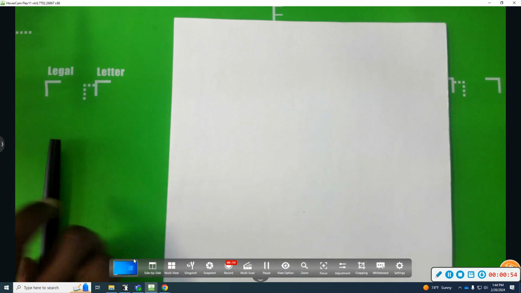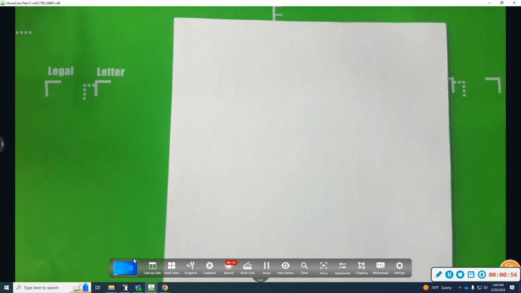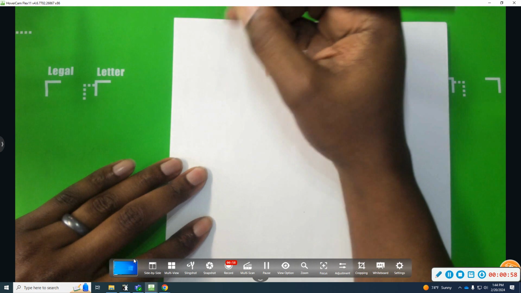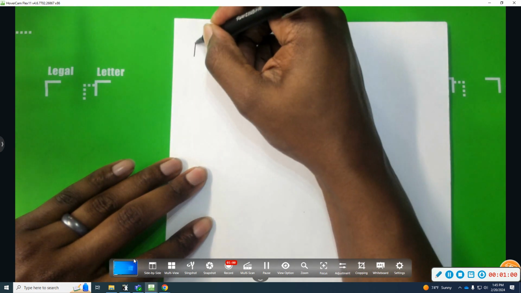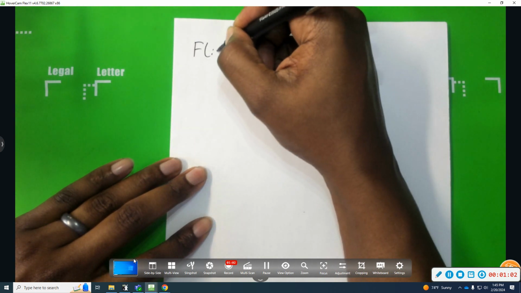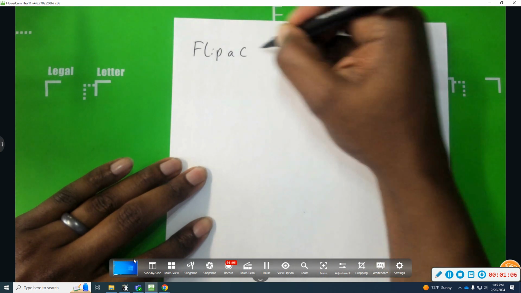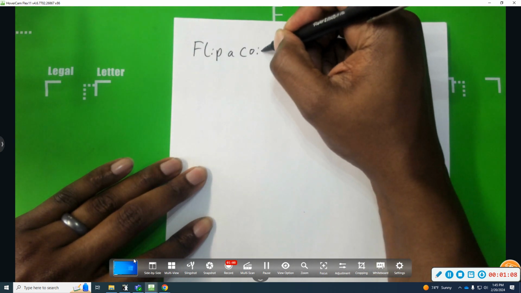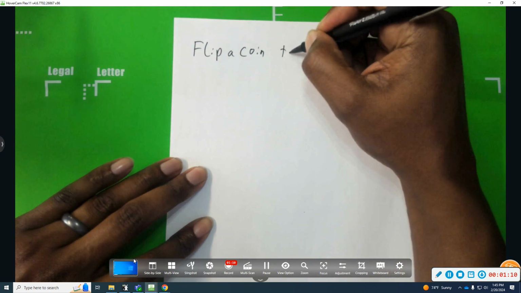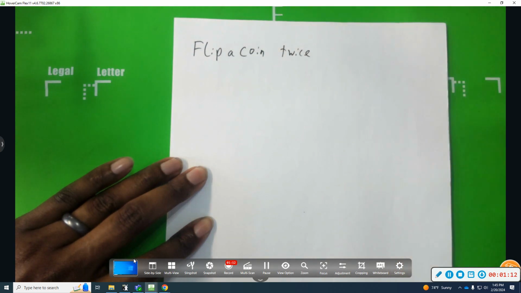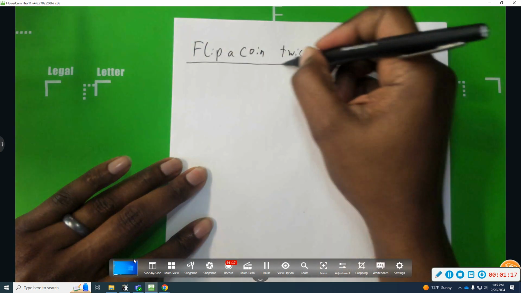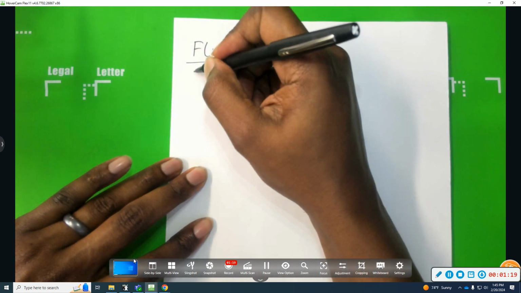So let's say that I have a coin and I'm going to flip a coin 2 times. This is one example that you might see in the textbook. I'll just say twice. Okay, so if I flip a coin twice, there are several different things that can happen, namely 4.